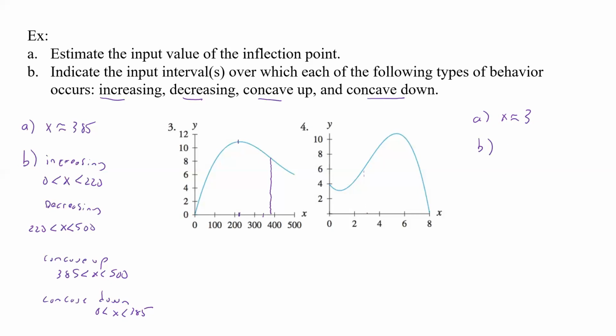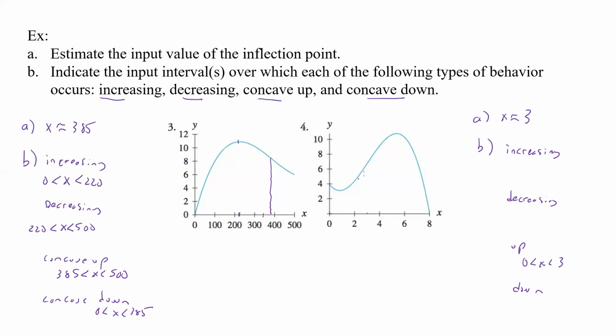Okay. Now, what about our points where it's increasing? So we'll say increasing, and then we'll have a decreasing, and then we'll have up, and then we'll have down. Okay. All right, so our concave up is going to be basically from 0 to 3. So 0 less than X less than 3.